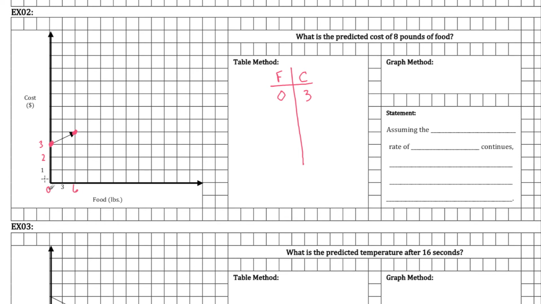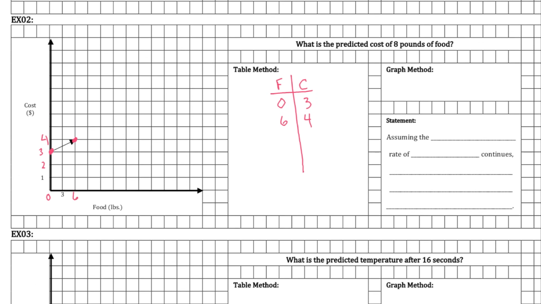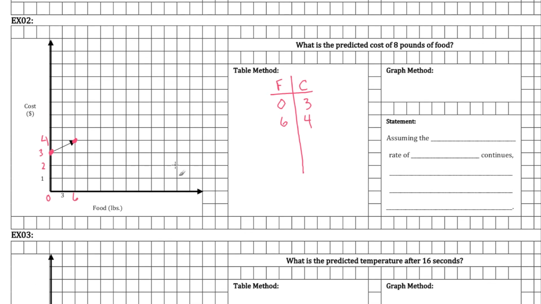So 0, 3, 6. So 6, 4. And I'm trying to get to 8, which sounds a little off. So let's change this. I think this is supposed to be 18. So I'm going to cross out like that. This should be 18.